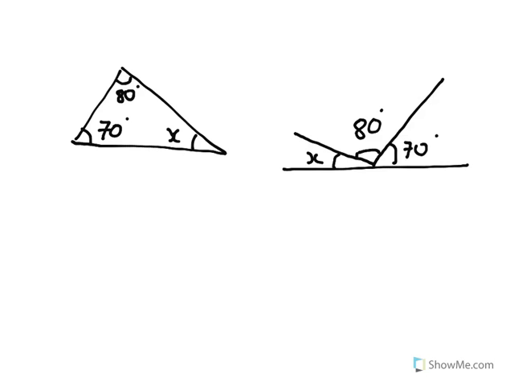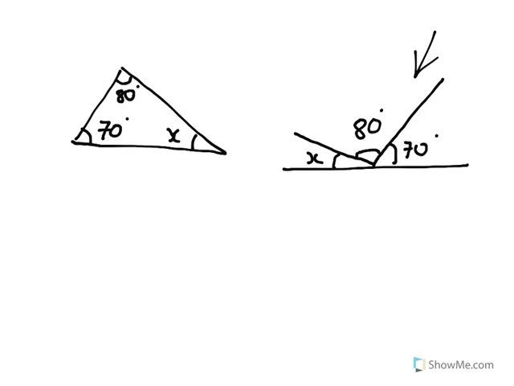Okay, so what other basic facts do we need for this chapter? Well, we need to know that all of the angles on a straight line, if we start here with this sketch, are going to be half of a full circle, which is 360 divided by 2. So all of the angles on a straight line are going to add up to be 180.